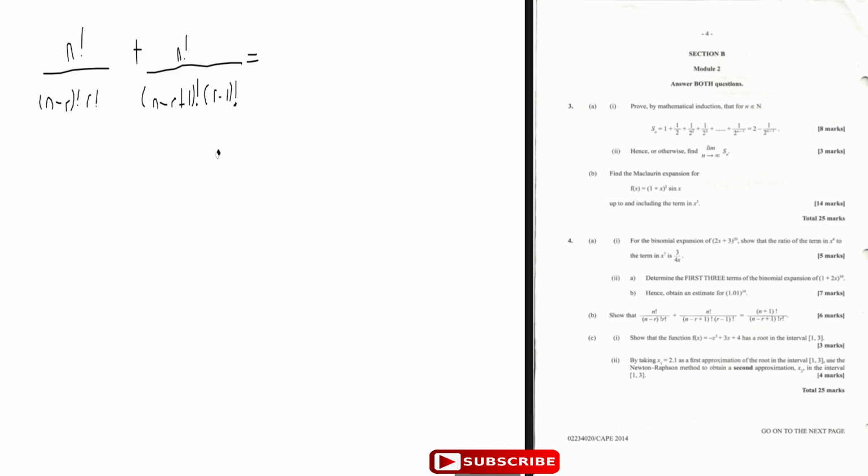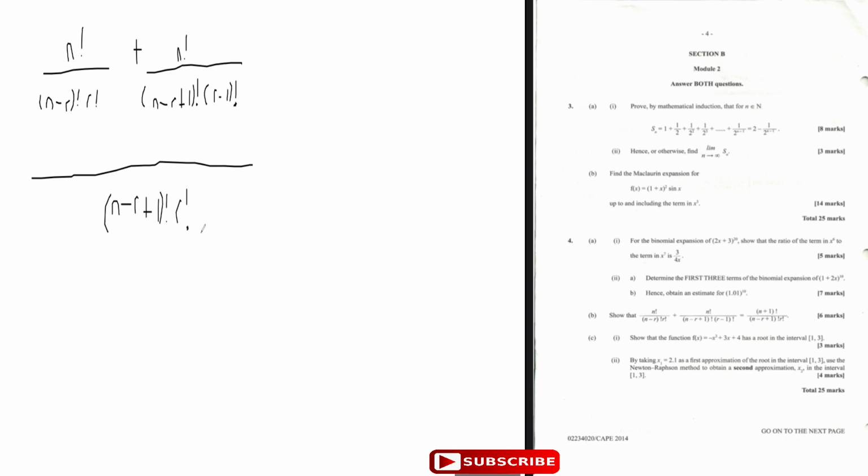All right, let's do the proof. First thing we need to do is find the common LCM. Anytime you're adding two fractions, you find the common LCM. The common LCM is going to be n minus r plus 1 factorial times r factorial.